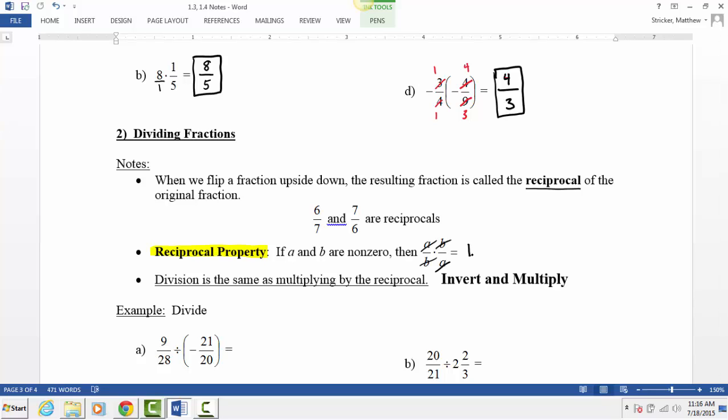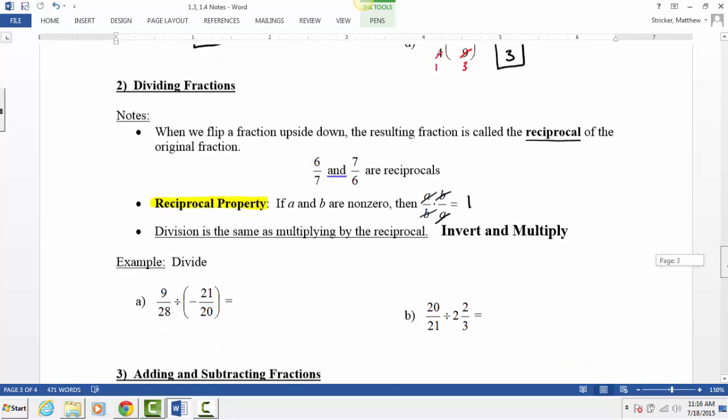And so the way we're going to divide is we're going to use this property of inverting, or the reciprocal, because dividing is the same as multiplying by the reciprocal. Again, this is probably something you've done before.